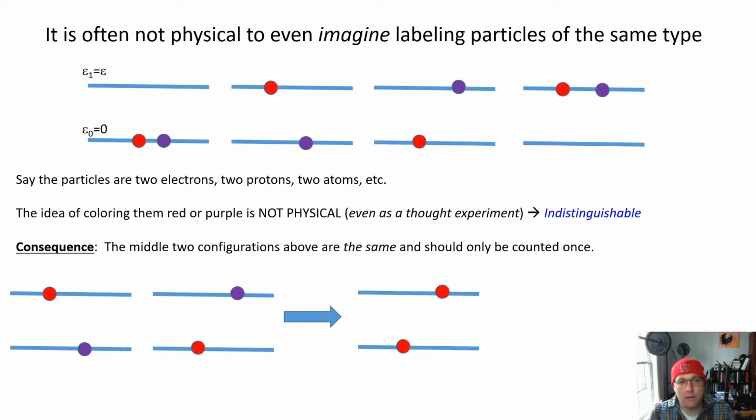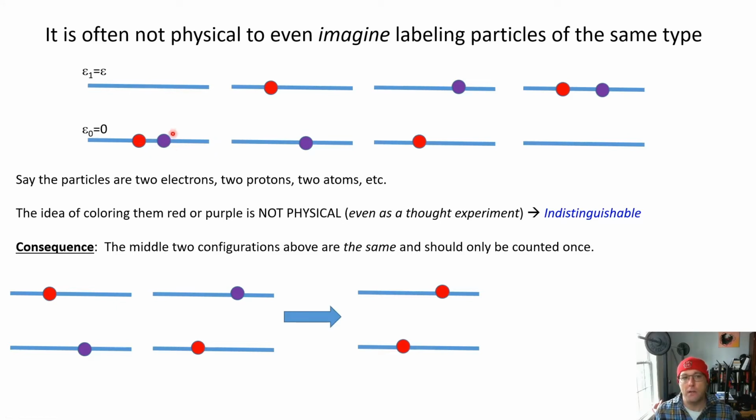So the basic idea is that if you're dealing with most particles in nature, the idea of labeling them, even imagining labeling them, is not physical. And so this thing that we did where we said we've got particles where we can call one the red particle, and one the purple particle, just doesn't make any physical sense.